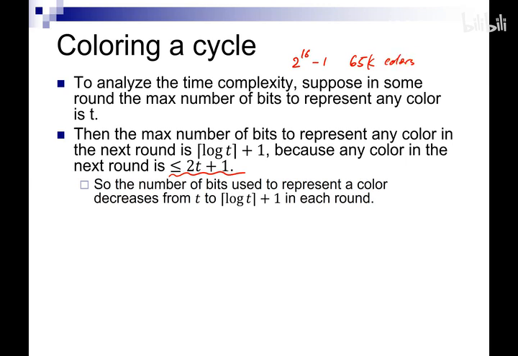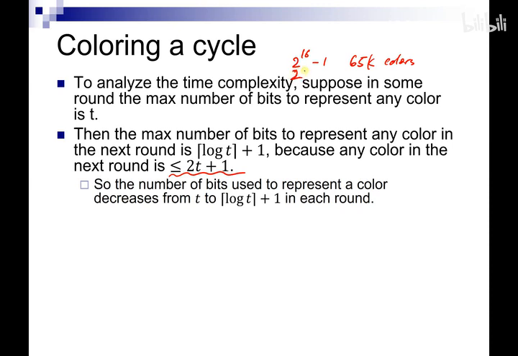But then in the next round, how many bits do we need to represent a color? Well, all we need is log of T plus 1. T is currently equal to 16, so that's going to be 9 bits. So we're going from 16 bits all the way down to 9 bits.